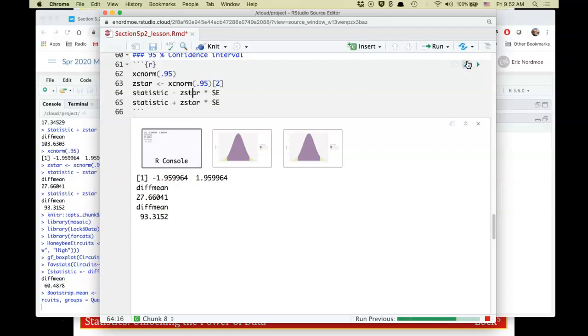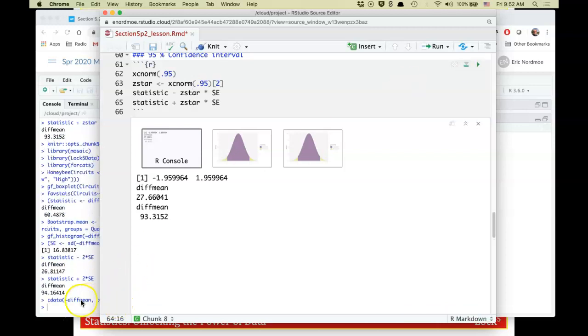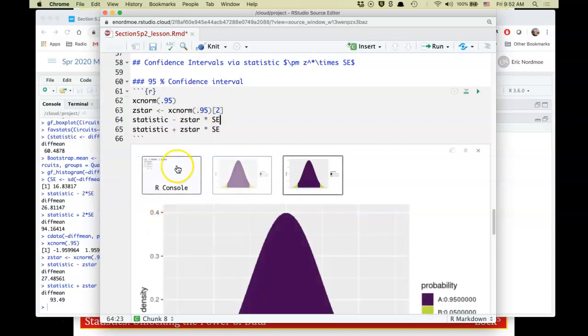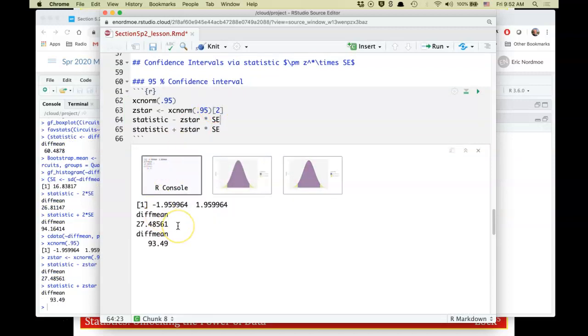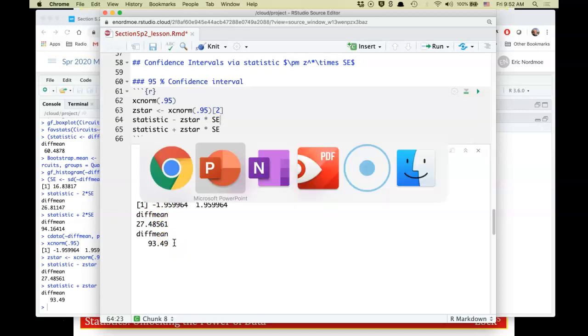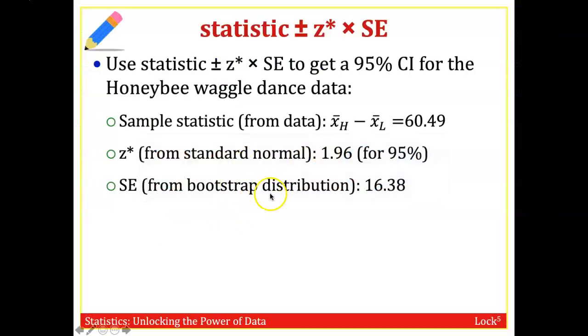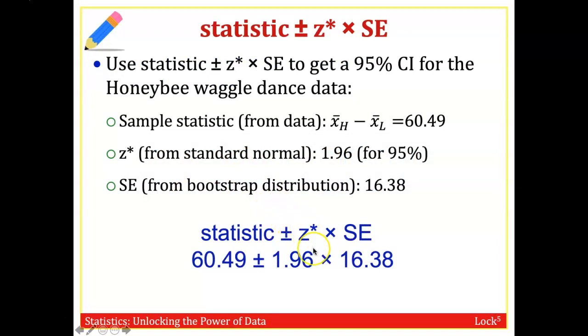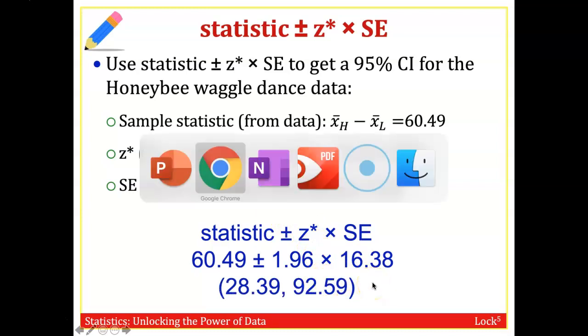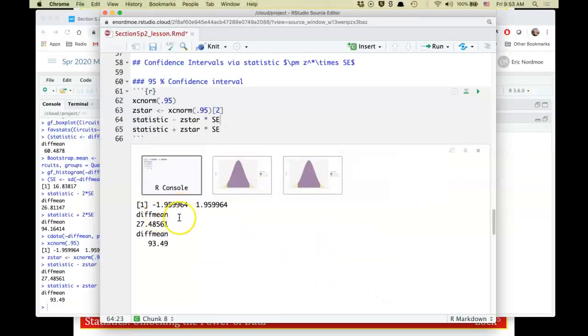So if I rerun the lines above, and then I rerun this chunk, that's going to be a little bit different. The interval I get this time is 27.5 to 93.5, but those are all pretty plausible values. The confidence interval that we get here in the notes is 28.4 to 92.6, very similar to the kinds of things that we're getting here.